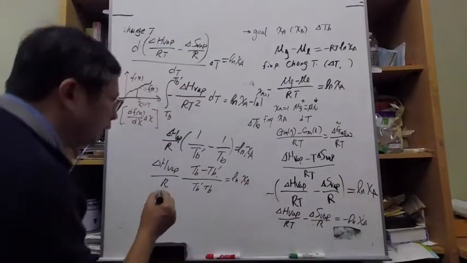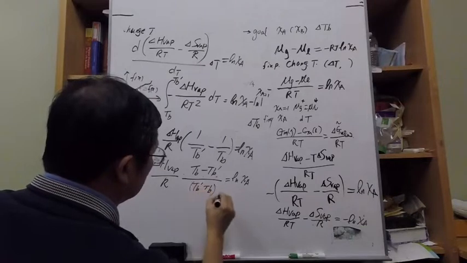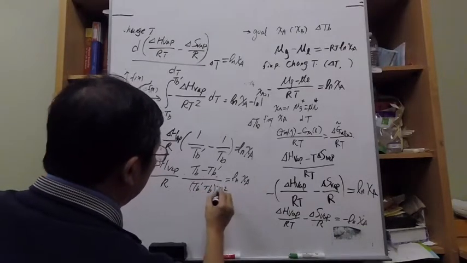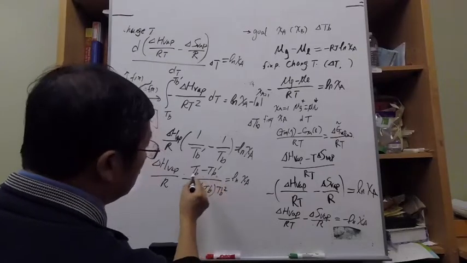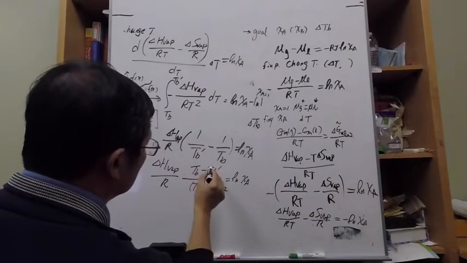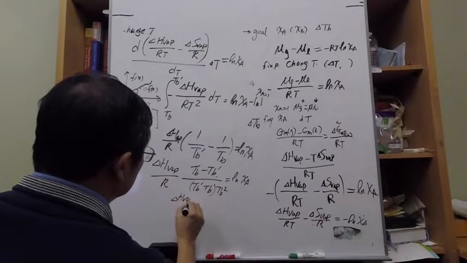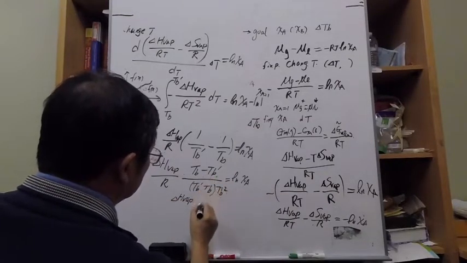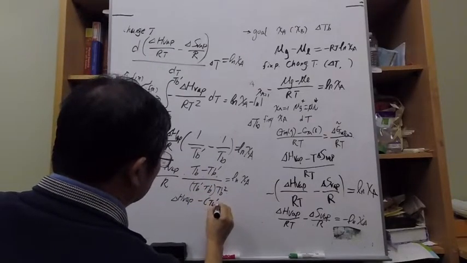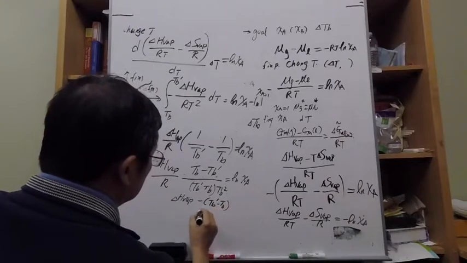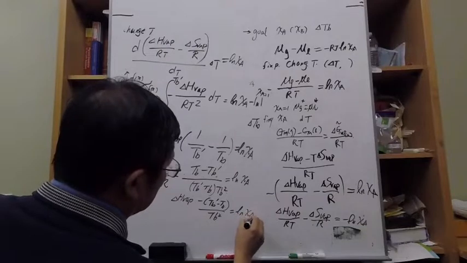In this case, these two terms are similar enough that we can call them TB squared. Usually, because the new boiling point is higher, this will be a negative term. So we inverse it, and we have delta vaporization, a negative TB prime minus TB, over TB squared, equals natural log XA.